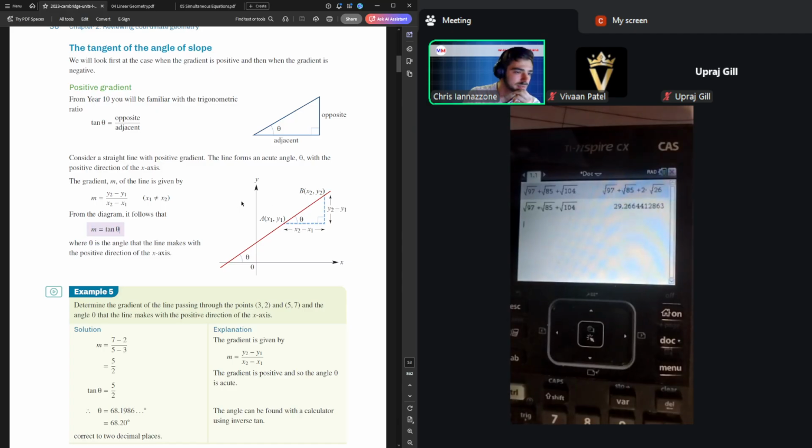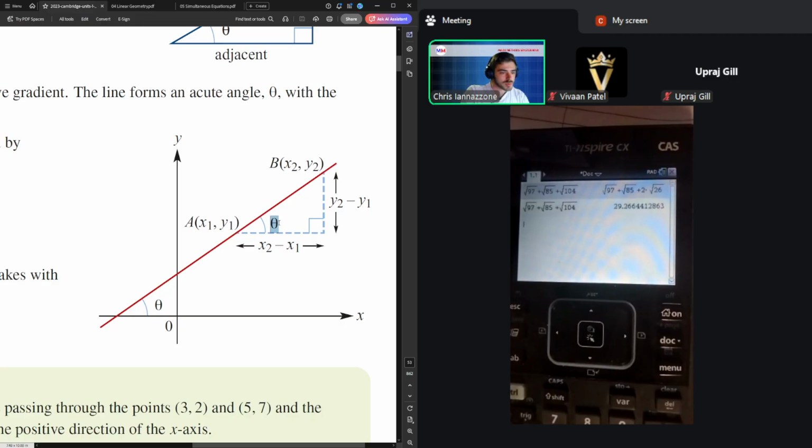The takeaway is that the gradient, if you know the angle, can actually be calculated by the tan of that angle. Now, that angle has to be with respect to the horizontal in the anti-clockwise direction. Depending on where you choose to take your angle, you're just going to vertically shift where you consider the horizontal component to be. So in this case, this is your horizontal.